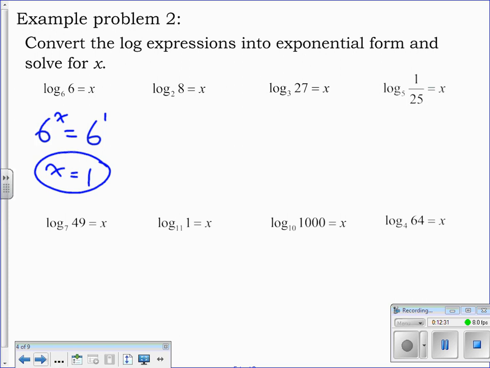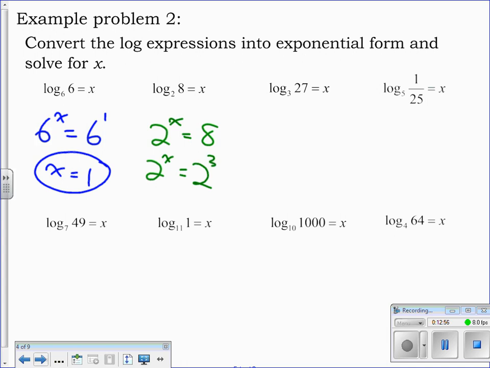So, same thing on the next one. First step, rewrite it. 2 to the x equals 8. Now, do I have the same base? No. Can I take 8 and write it as 2 to some power? 8 is 2 what? 2 cubed, right?